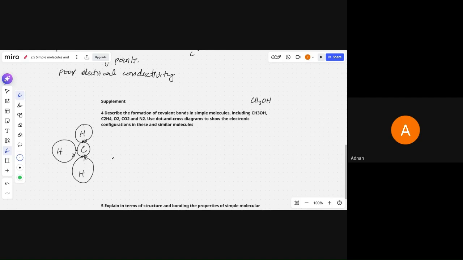Like this. Now oxygen. I draw oxygen here, let me bring it a bit closer. Now this is the fourth electron of the carbon atom.